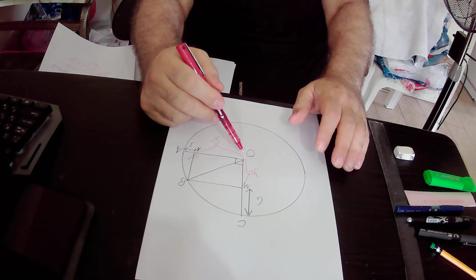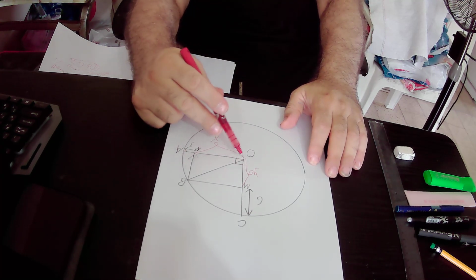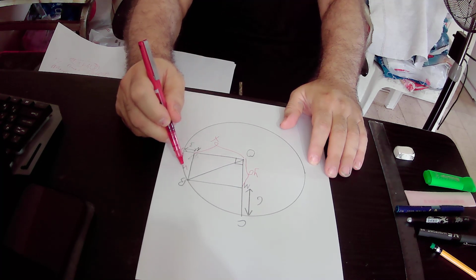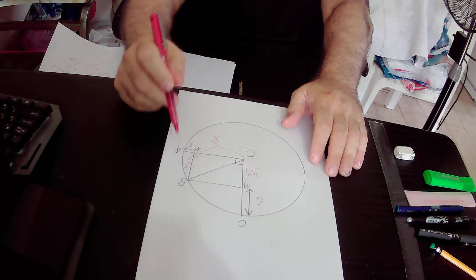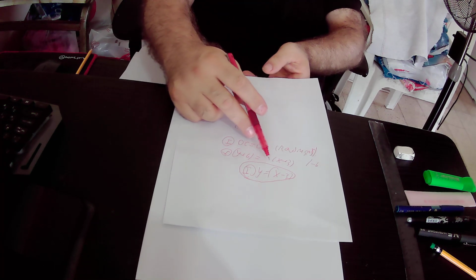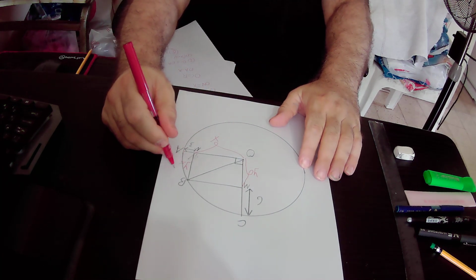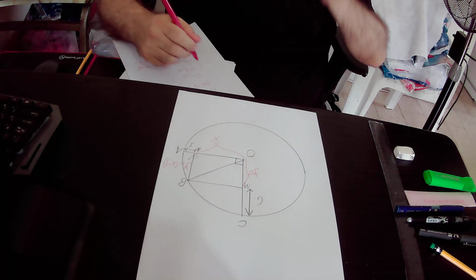So if OM equals y, NB that is parallel to OM also will be equal to y. Okay? But y, according to the first equation, equals x minus 3. So we can add here that y equals x minus 3.